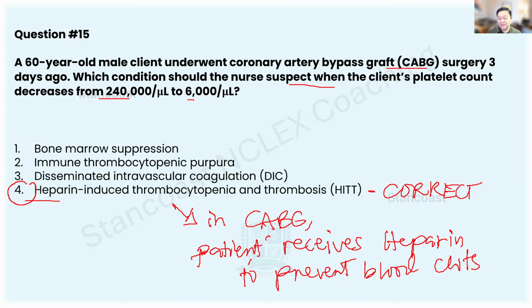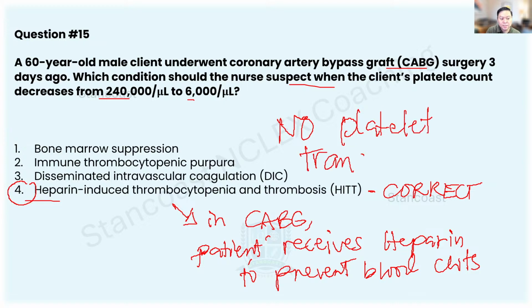If they have some DVT going on, make sure that we are monitoring for any more thrombotic events. I hope you understand the reasoning in HIT that we're not supposed to give platelet transfusion. No platelet transfusion in HIT.